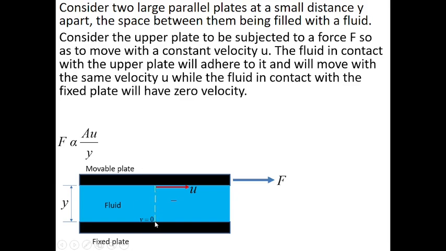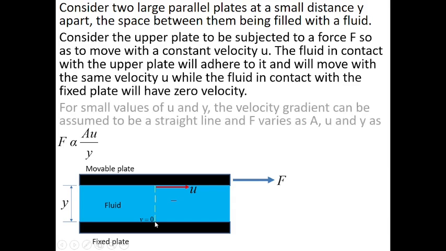Sa ilalim, zero ang speed. So, for small values of u and y, we have the velocity gradient that can be assumed to be a straight line.